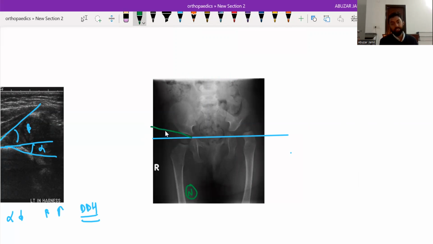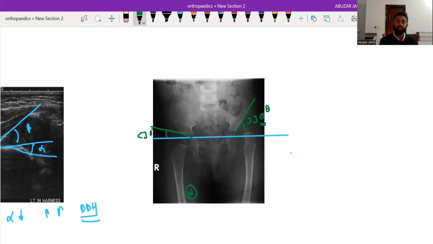This is less than 30 degrees. And here we can see if you draw the acetabular index, it is more than 30 degrees. So again, it is the dysplastic hip.